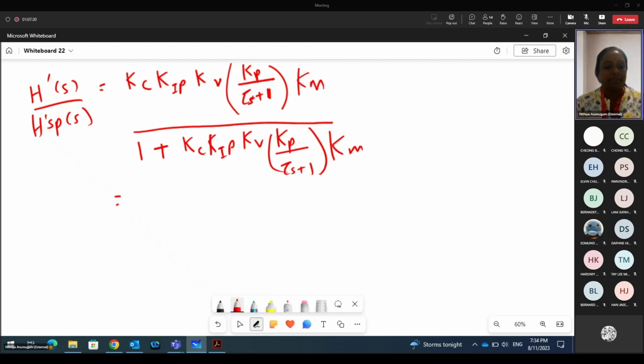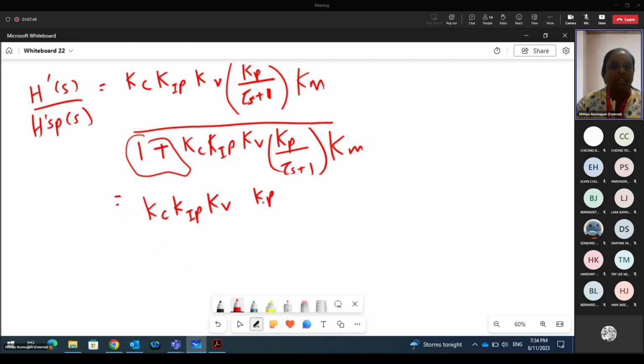Now I can simplify the whole thing, simplifying this portion first. The top part I'm going to remain Kc, Kip, Kv, Kp, tau s plus 1, Km.